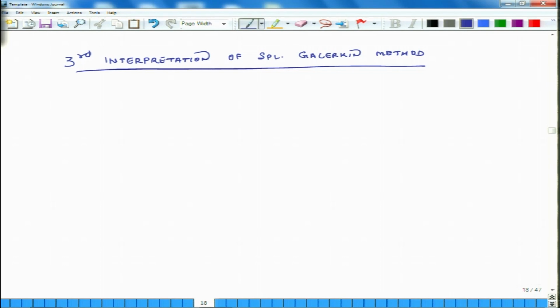So, what does it mean? I will first make the statement and then we will see what it means. It says that this method ensures that the integral of the square of the error is minimum.